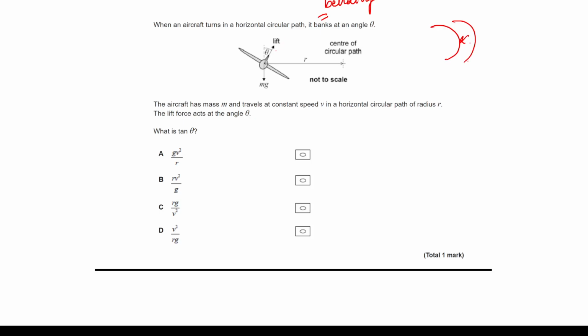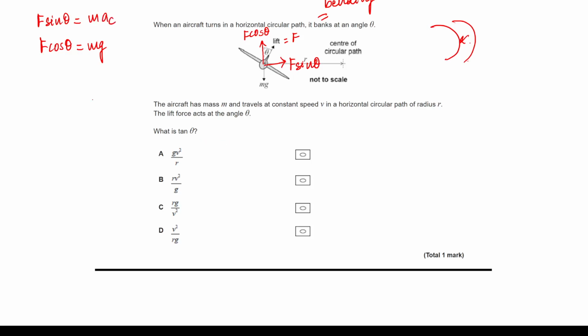So the lift force, if I find this component of the lift force, it would be cos theta. So I'm just taking this lift force as F. This will be F cos theta, and then perpendicular F sine theta. So my F cos theta is balancing mg, and F sine theta is providing the centripetal force.